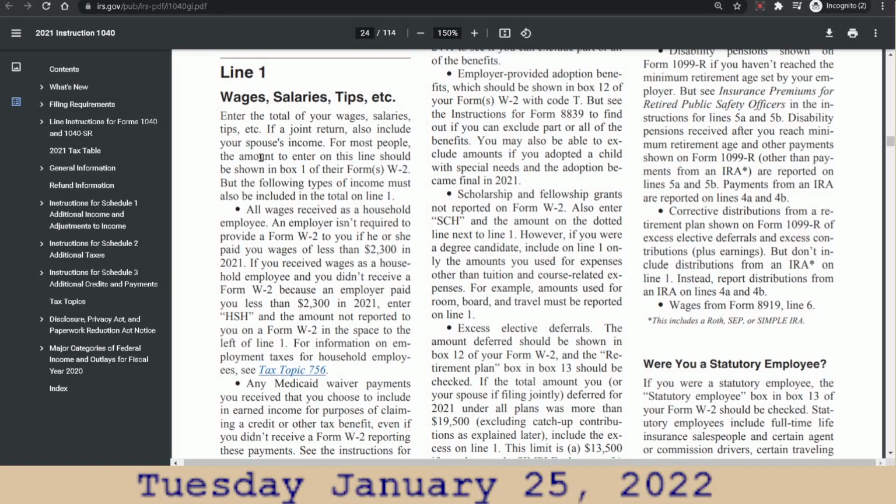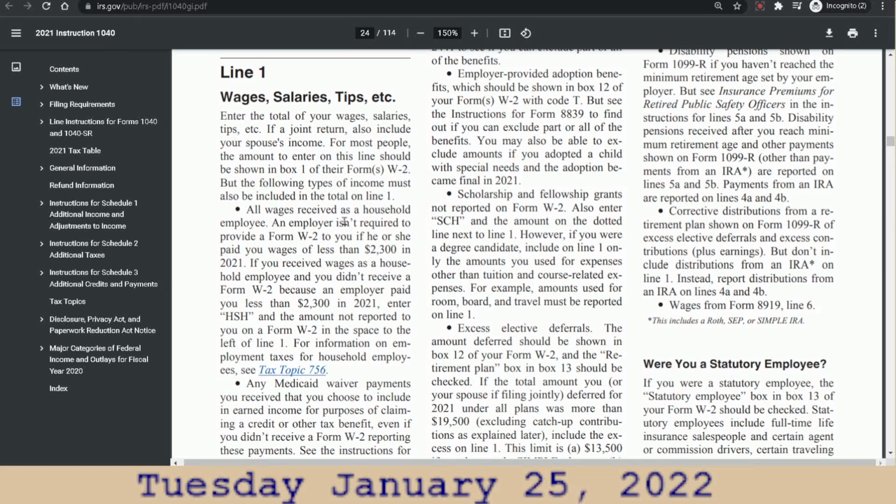For most people, the amount to enter on this line should be shown in box 1 of their Form W-2. But the following types of income must also be included in the total on line 1. All wages received as a household employee.